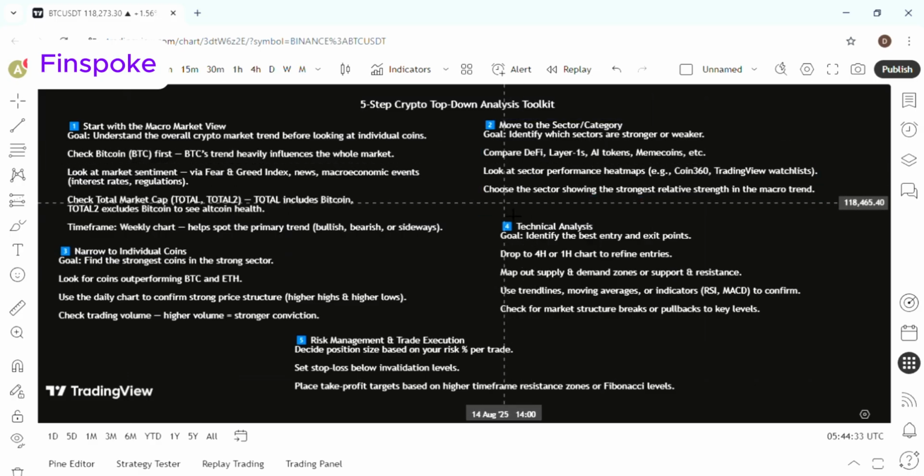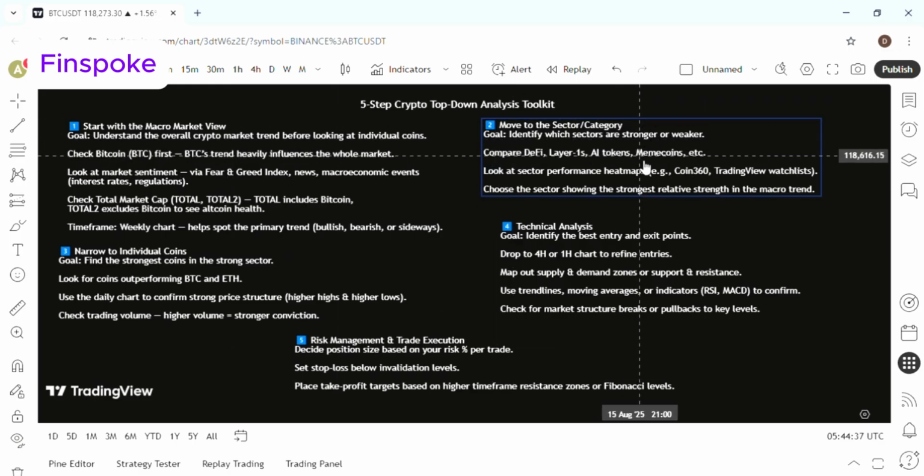The next thing you want to do is to look at the sector or the category. The purpose of this is for you to identify which sectors are stronger or weaker. The stronger sector is where the money lies. The weaker sector, there's not much money as at the period of your analysis.